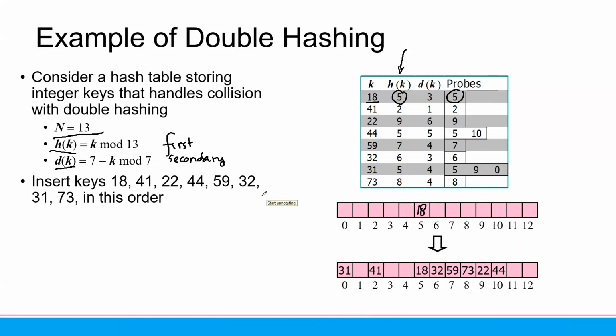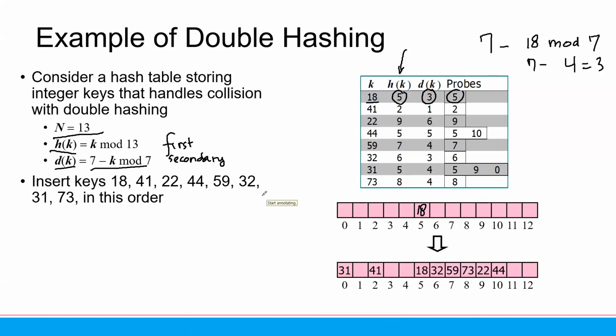Now 41. For every one of these, I will also calculate the secondary function, which is 3. How can I get this 3? Using this one: 7 minus (k mod 7), where k is 18. 18 mod 7 is 4, so 7 minus 4 gives 3.